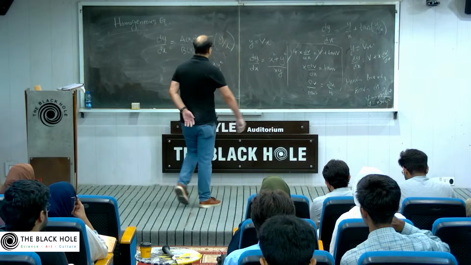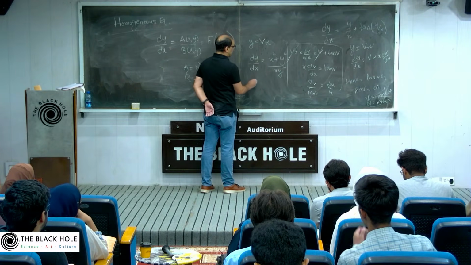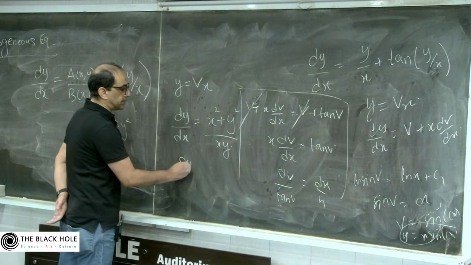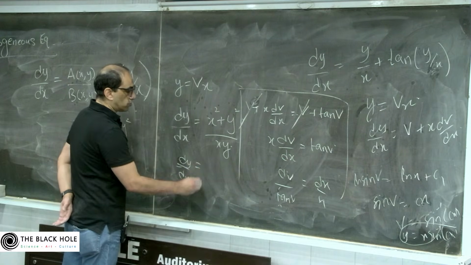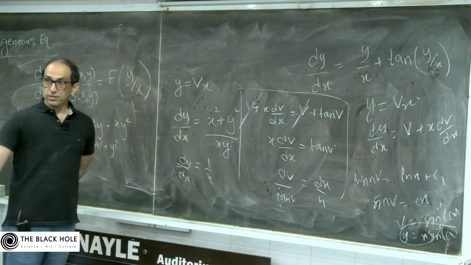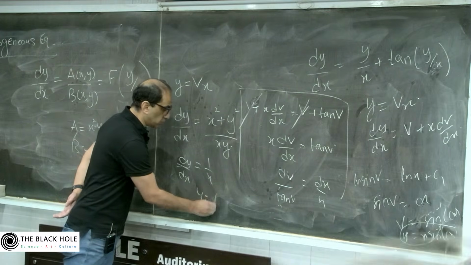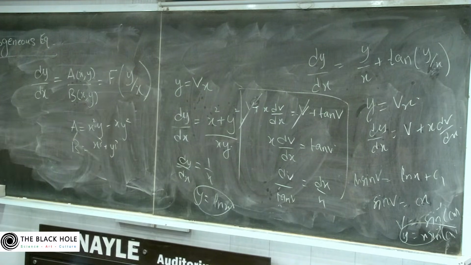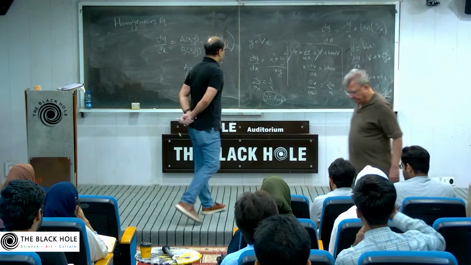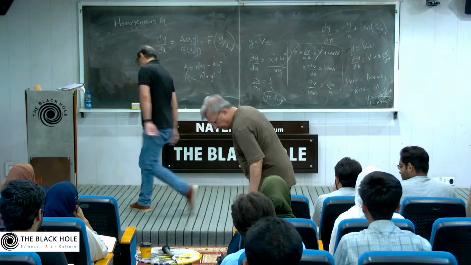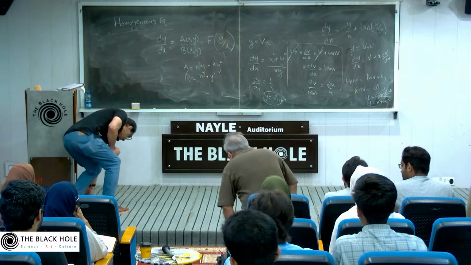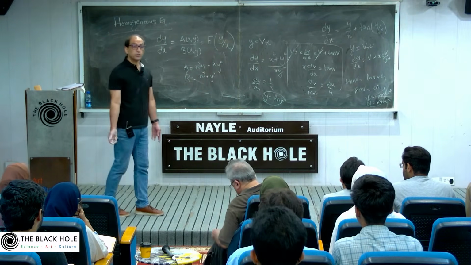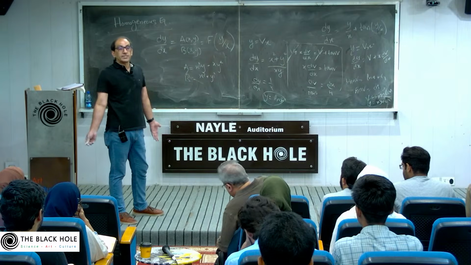No, that one. You have dy by dx is equal to 1 over x, you have y is equal to log of x, so that is not a non-linear problem. Yeah, yeah, in that way, or so it is a non-linear equation, but you can now write it in separable form.